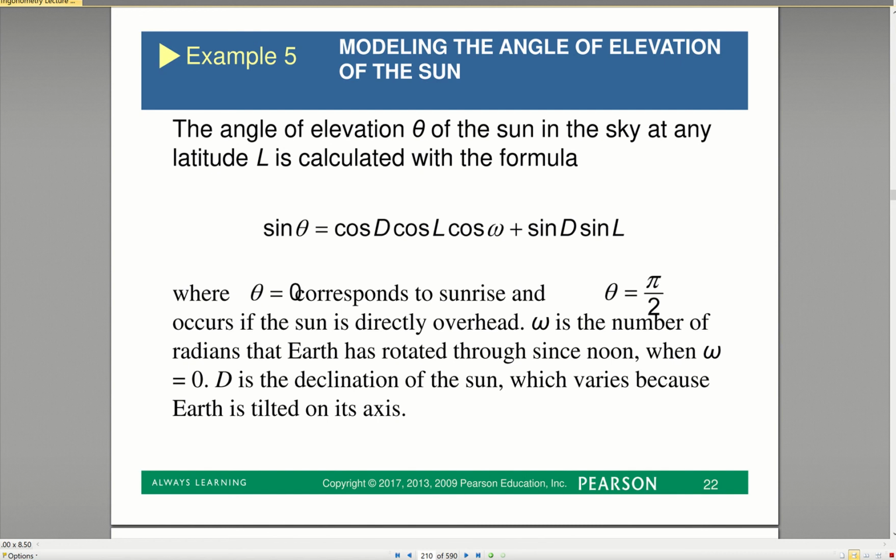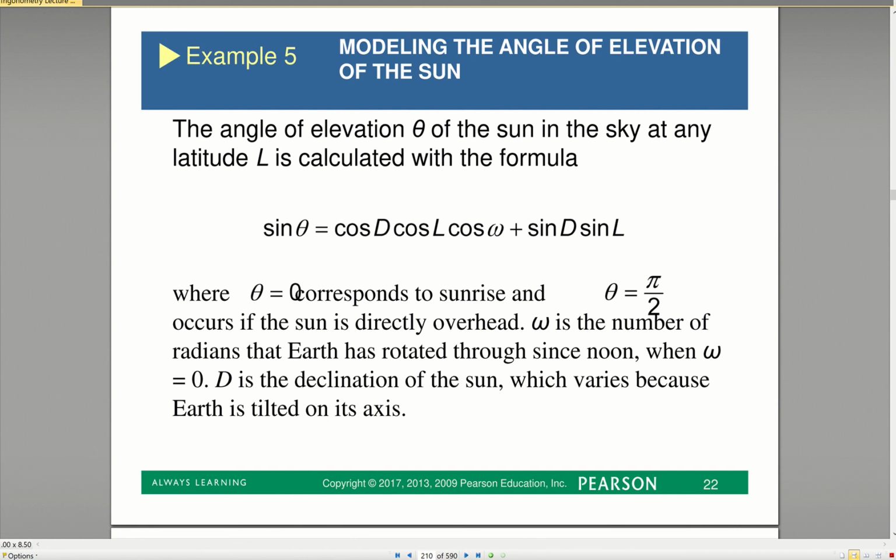But basically the angle of elevation theta of the sun in the sky at any latitude L. We already discussed the angle of elevation, so if you refer to your previous note, remember it's always measured from the horizontal, from the point of view toward the object. And at any latitude L, again we discussed that in the last lecture.